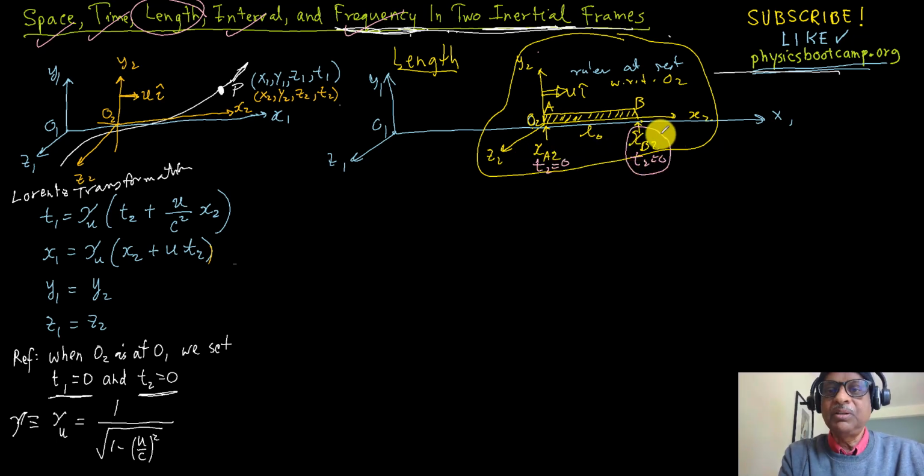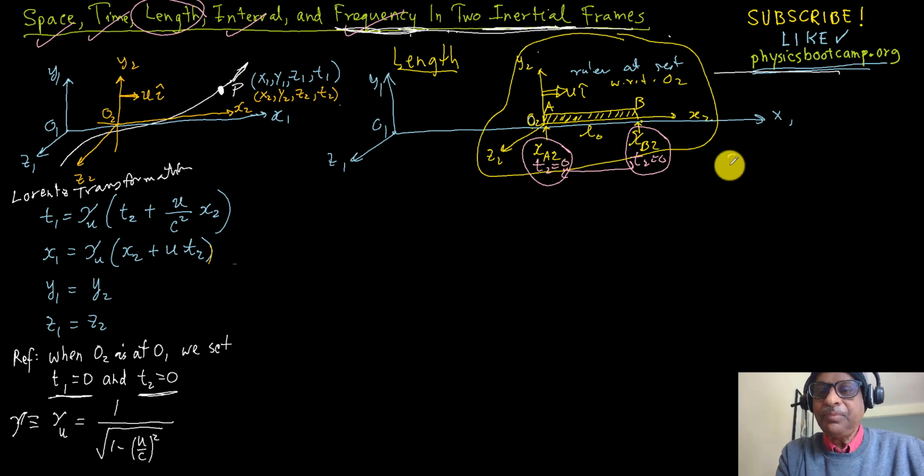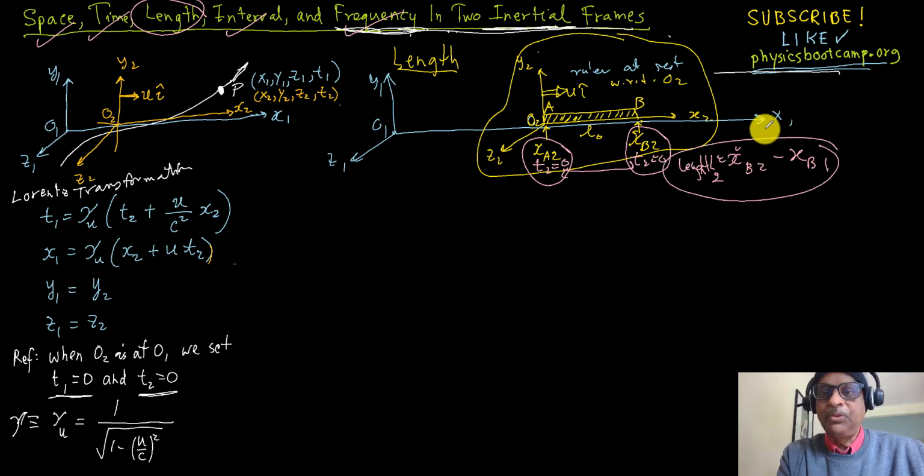We want to know these coordinates at the same time in this frame. x_B2 minus x_A2, that's the length. So length in 2 is going to be this, by knowing where the right end is at t equal to 0 and where the left end is at t equal to 0.